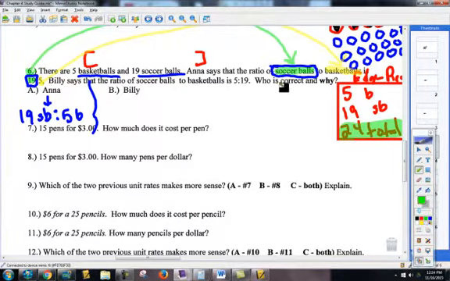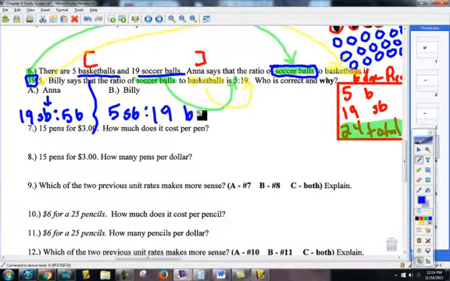He is saying that the ratio of soccer balls comes first, so that means 5 goes with soccer balls. And then basketballs comes second, and it goes with the second number. So he's saying there are 5 soccer balls to 19 basketballs.